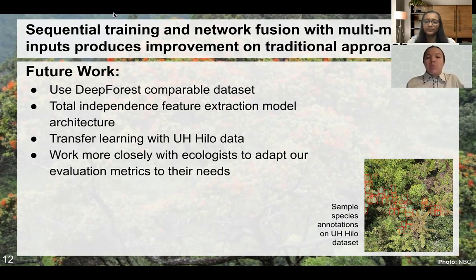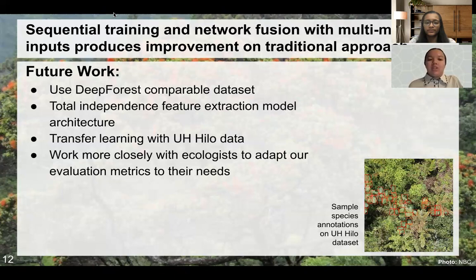So one of our first goals for future work is to train our model on the millions of rough annotations first, and then use the hand annotations as deep forest did. One of the other things that we want to do is look at whether or not total independence of the feature extraction, rather than sequential training, improves the model performance as well.